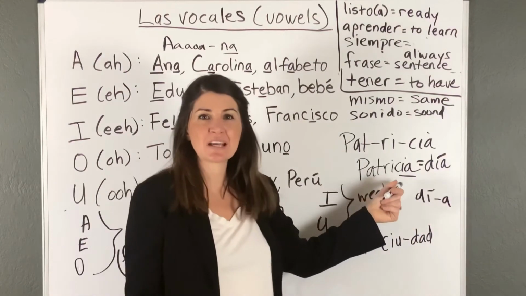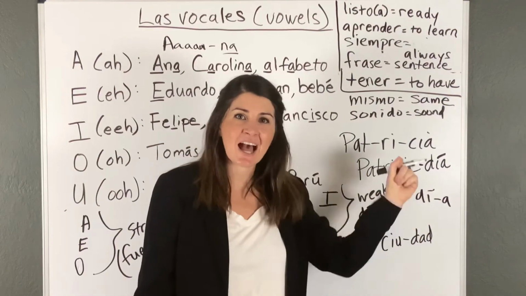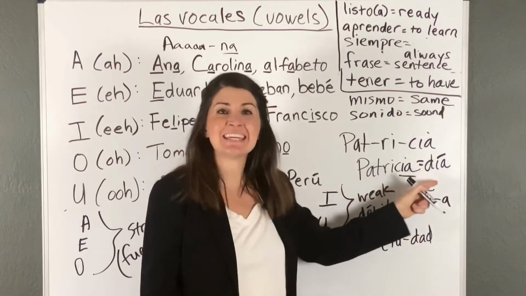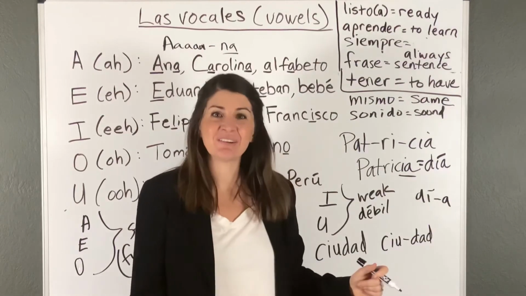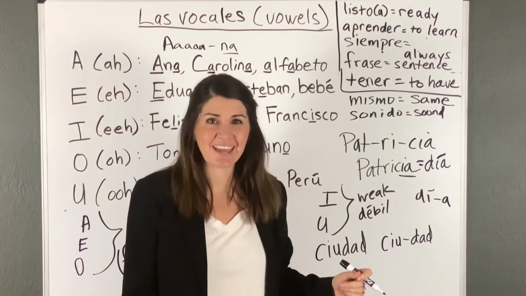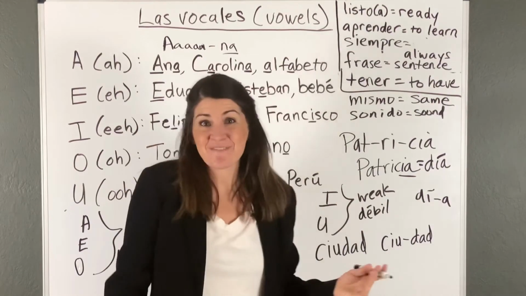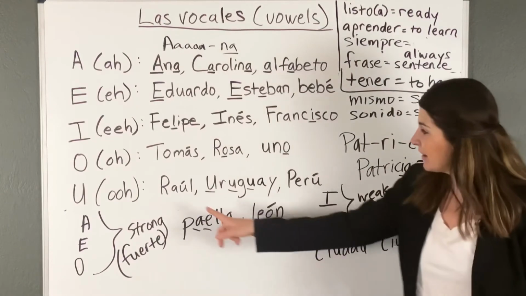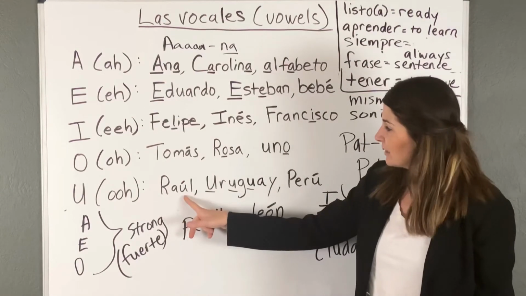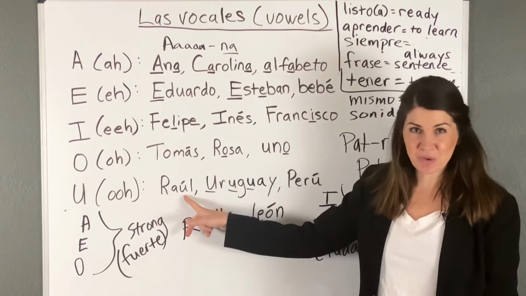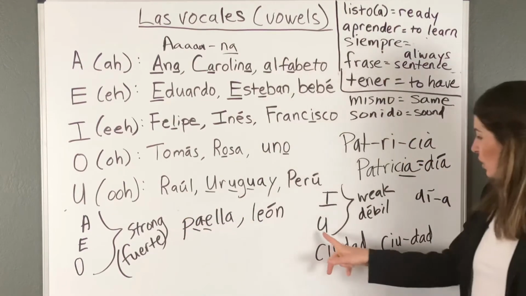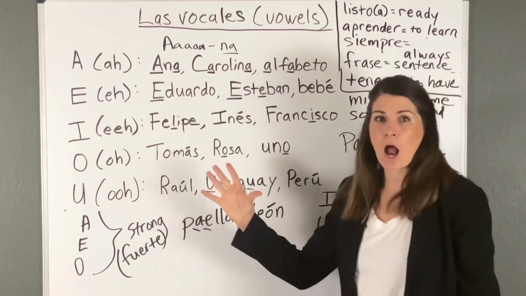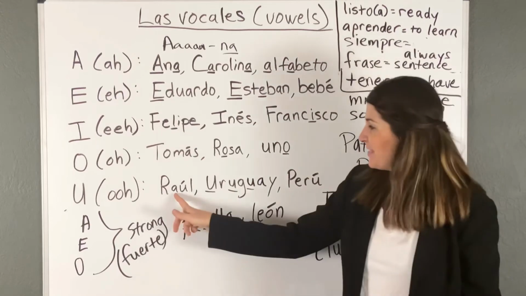So notice the difference when I say Patricia, cia, cia, Patricia, versus dia, dia. You hear it? Muy bien. So that's kind of interesting and fun, fascinante. And here we have one already, Raúl. Same situation. The U, weak vowel, would normally be gobbled up by the strong vowel.